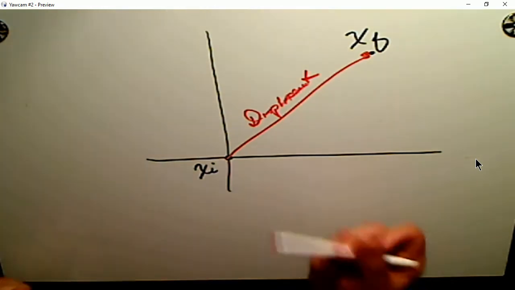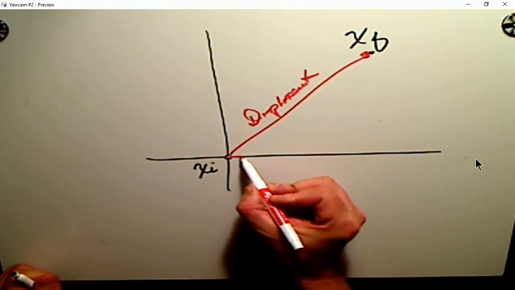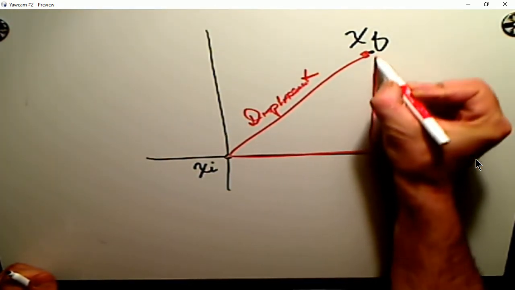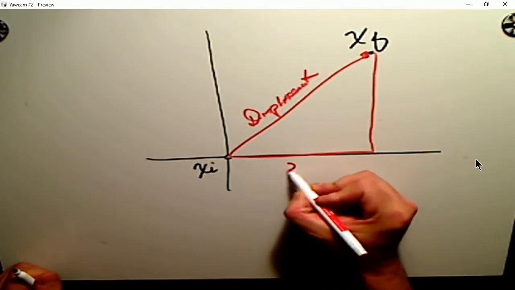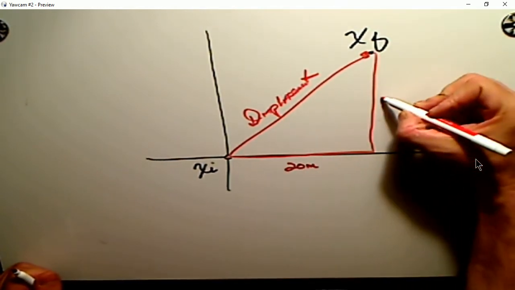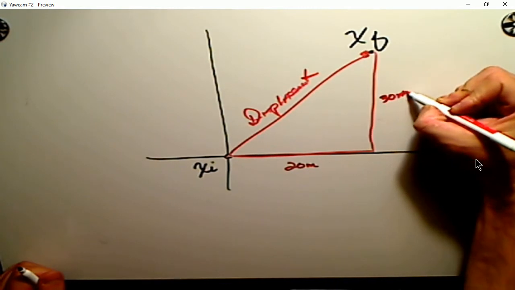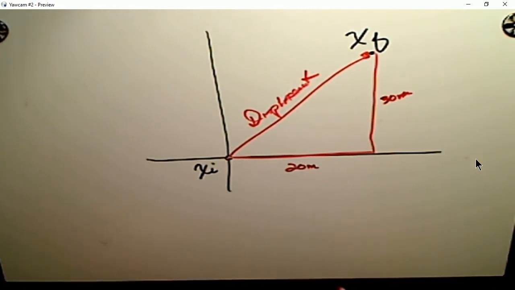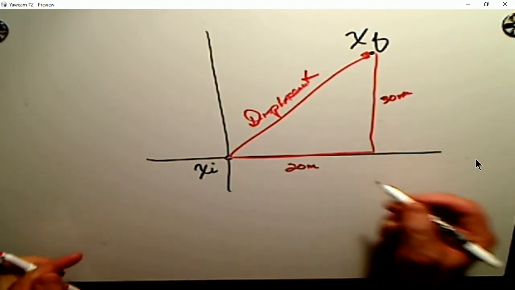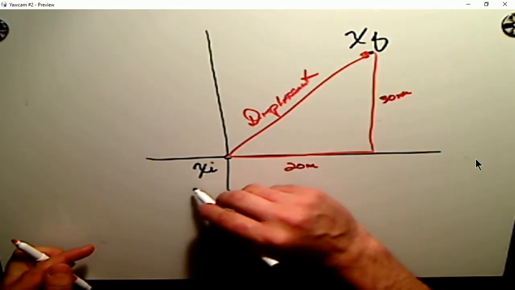Now I could also get to that same displacement by going this direction and then up here. Let's say I do 20 meters in this direction and 30 meters in this direction. We're going to use these same variables.